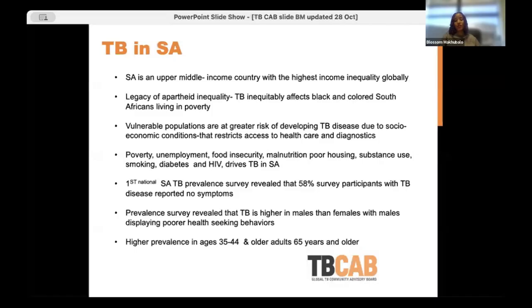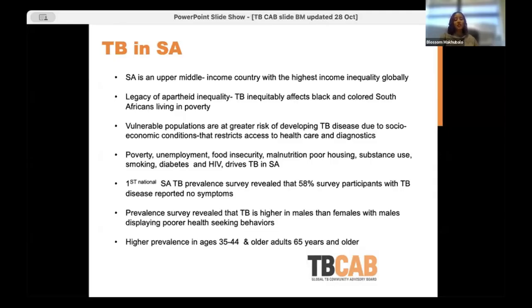We've got food insecurity issues. We've got malnutrition, with poor housing, substance use, smoking, biosocial factors like diabetes and HIV, as well as the undetected TB is also driving TB in South Africa, which says to me we need to find innovative ways of testing people and getting to the undetected cases of TB.